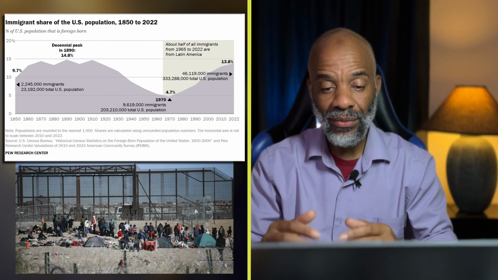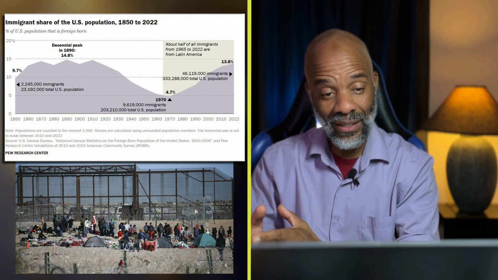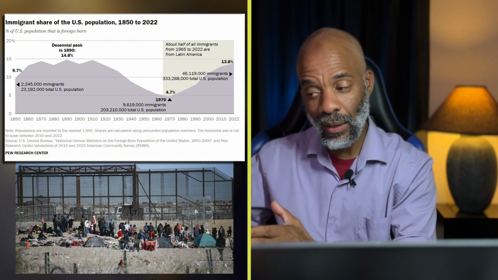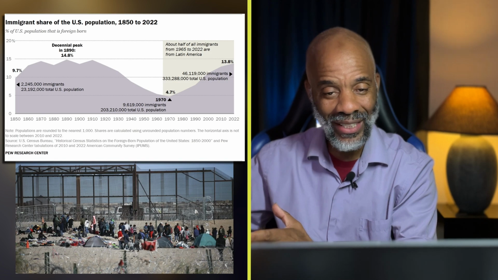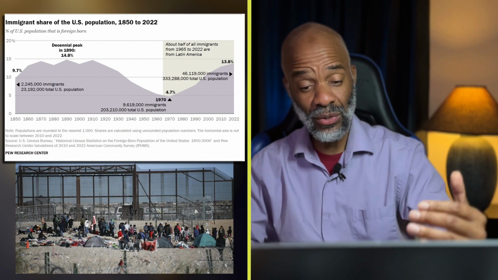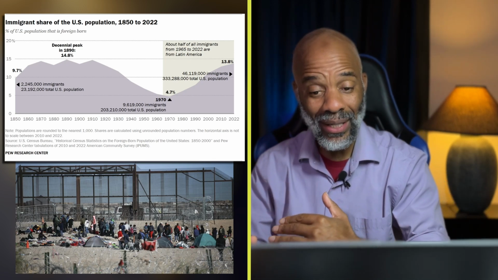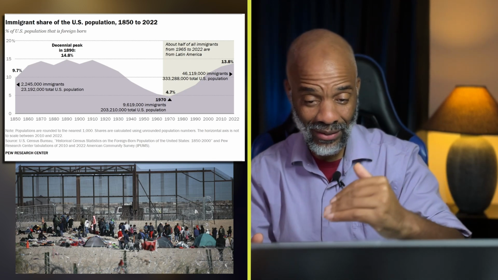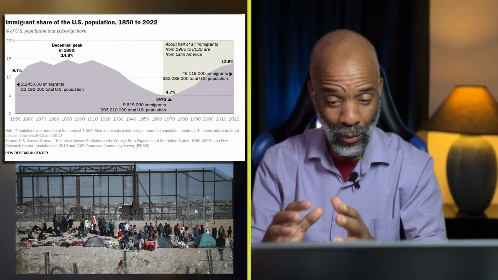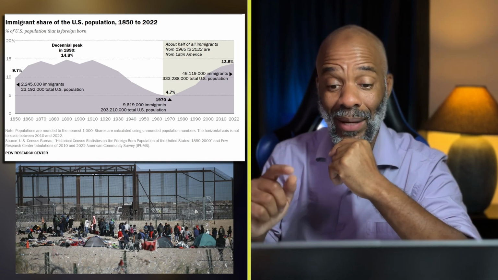Then you have a second wave after 1890 that went up until roughly 1910. After the First World War, it goes down tremendously and hits the lowest point at around 4.7% back in 1970.